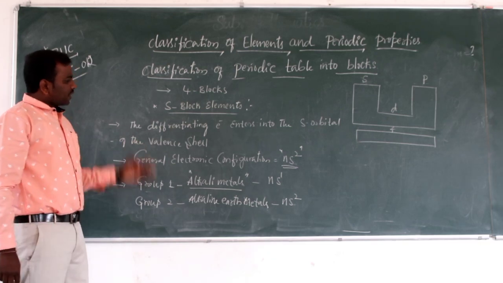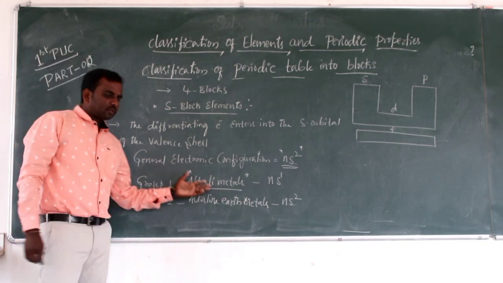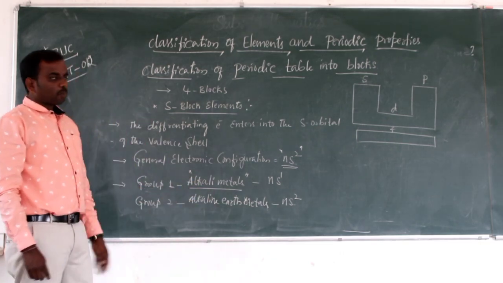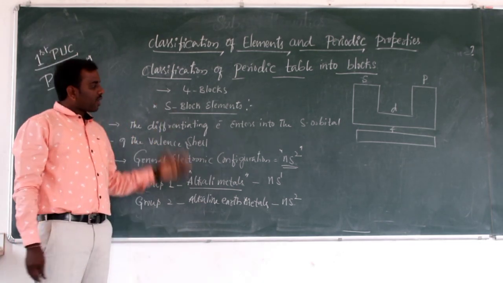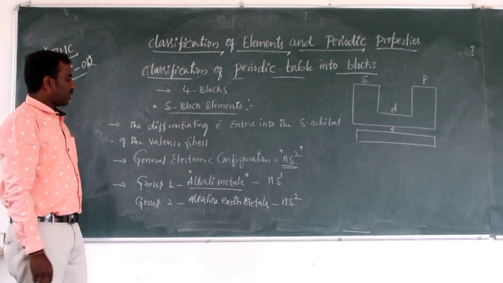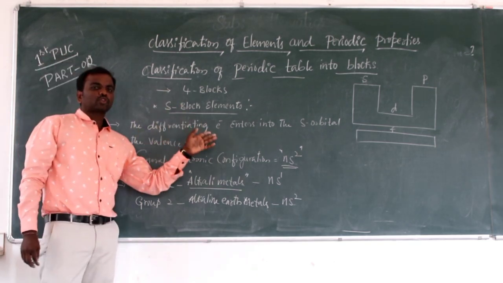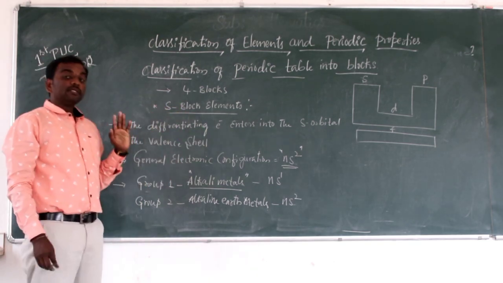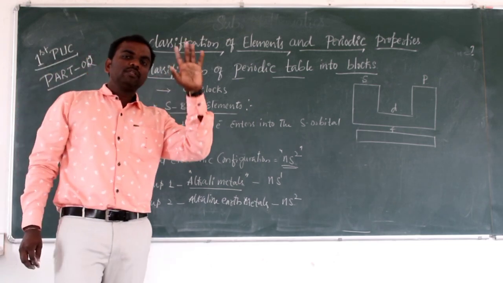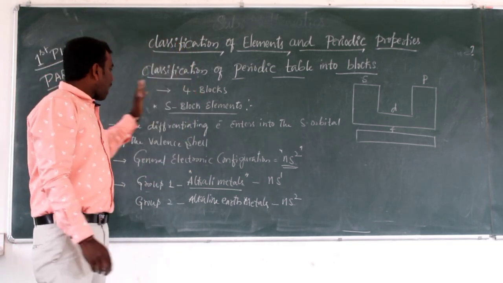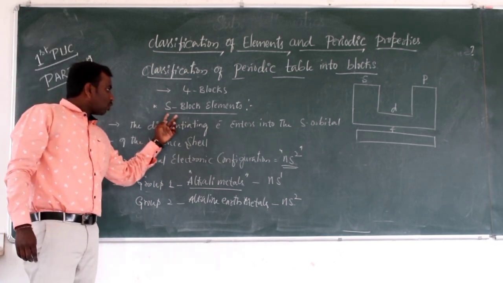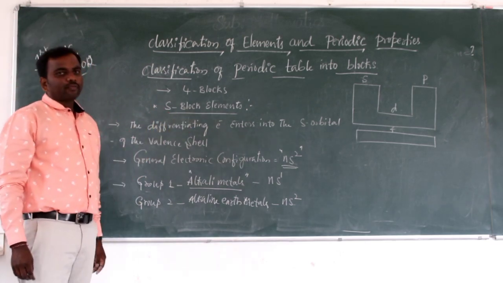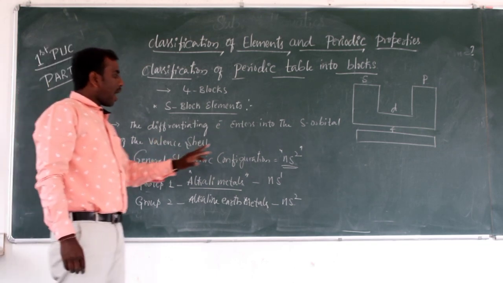See, this is a very important point about S-group elements. What are S-group elements? The differentiating electron enters into the S orbital of the valence shell, that is called S-group elements. The general outermost electronic configuration of S-group elements is ns2.